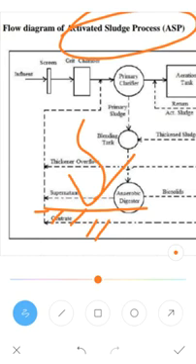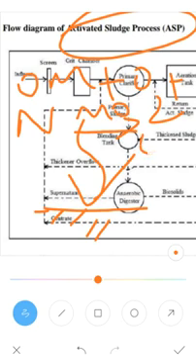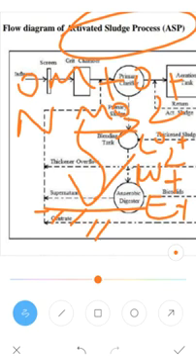Consider organic matter plus oxygen plus nutrients in the presence of microorganisms. That will give rise to carbon dioxide plus water plus energy plus new microorganisms.